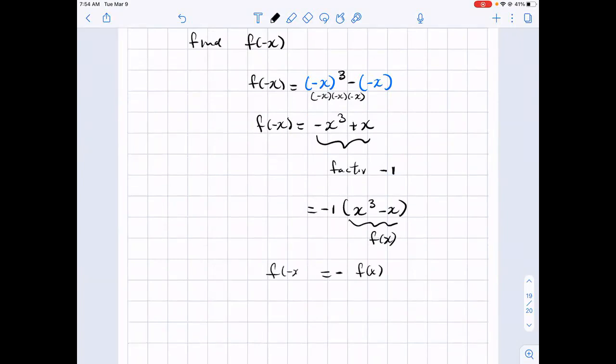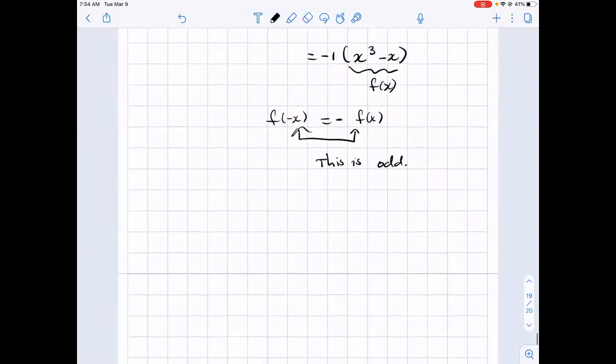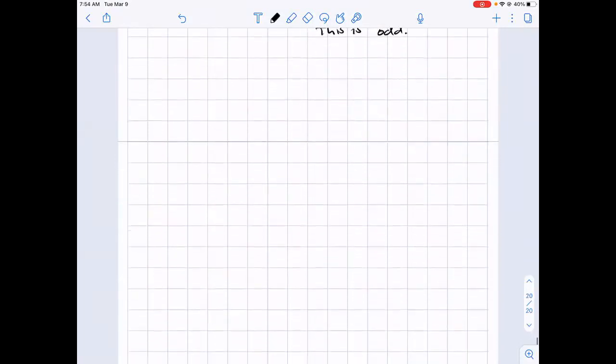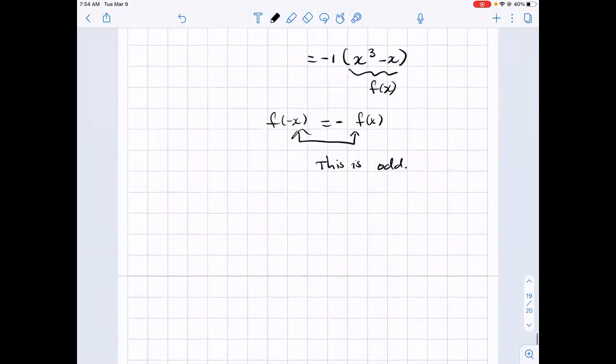So f of minus x is equal to this. So this is odd. To check for even and odd, we just have to make sure that we replace those values.